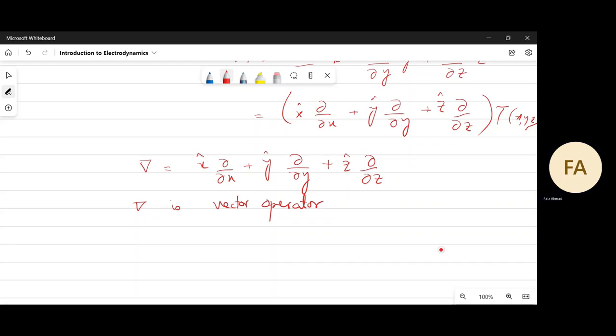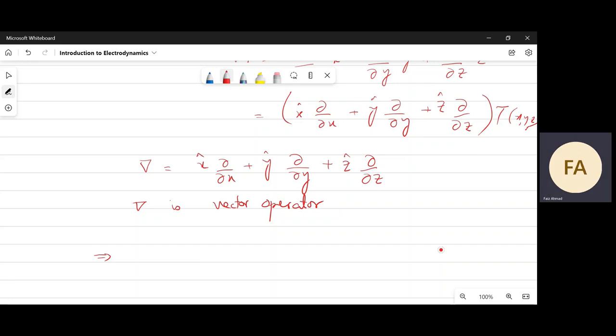As it is a vector operator, or is like a vector, we can perform all three different multiplications as we did for vectors.